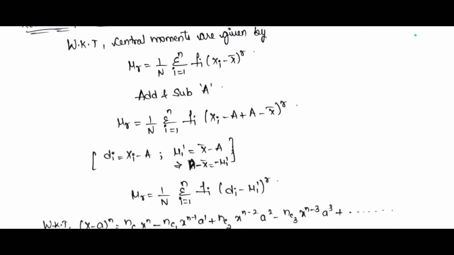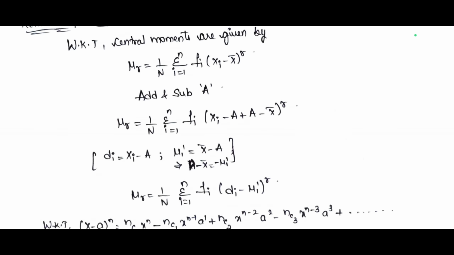So mu r will become 1 divided by capital N summation i runs from 1 to n fi into (xi minus a plus a minus x bar) whole to the power of r. So di equals xi minus a, and mu1 dash is equal to x bar minus a.